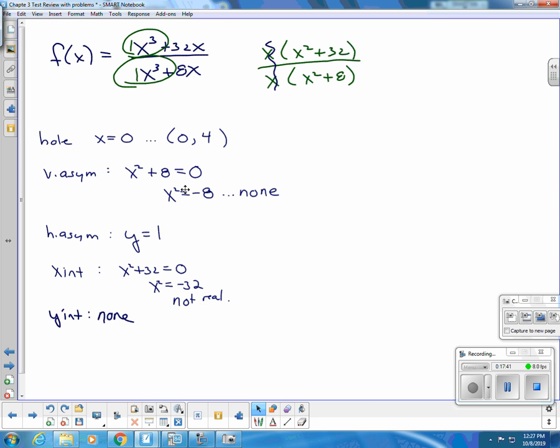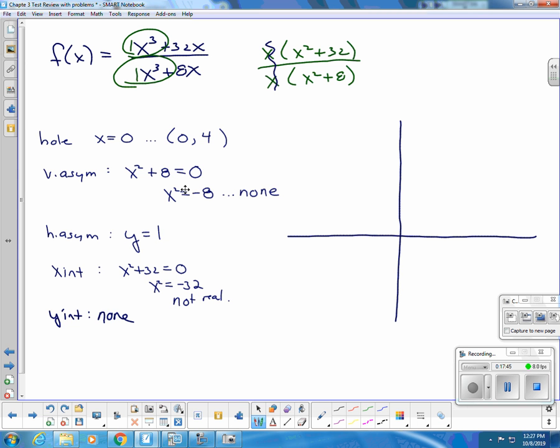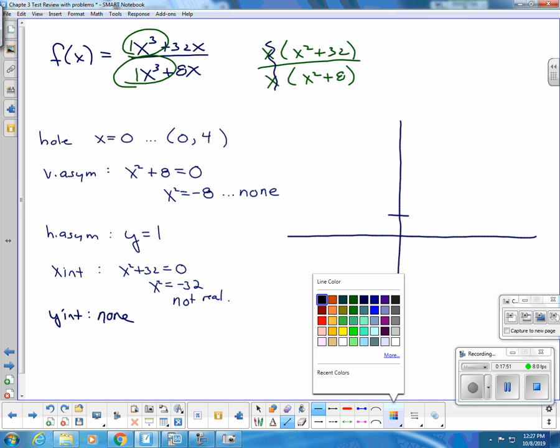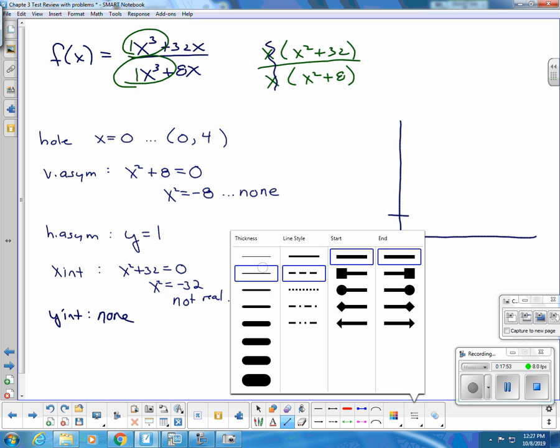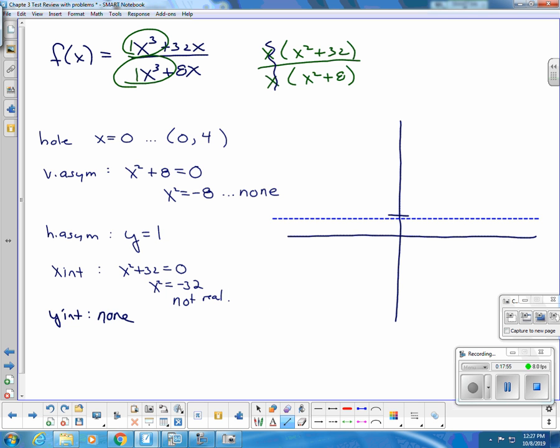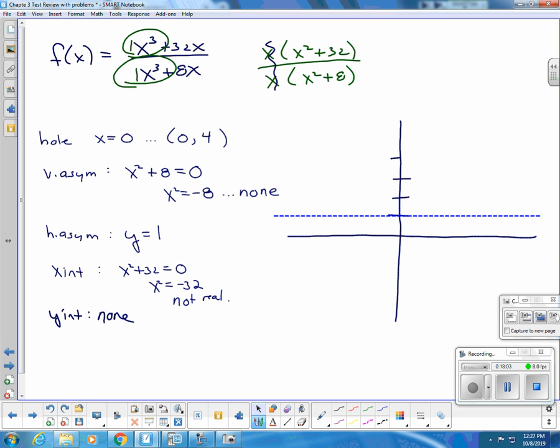All right. Let's think about what we have here. We have a horizontal asymptote, y equals 1. Good. We have a hole in the graph at 0, 4. That's it.